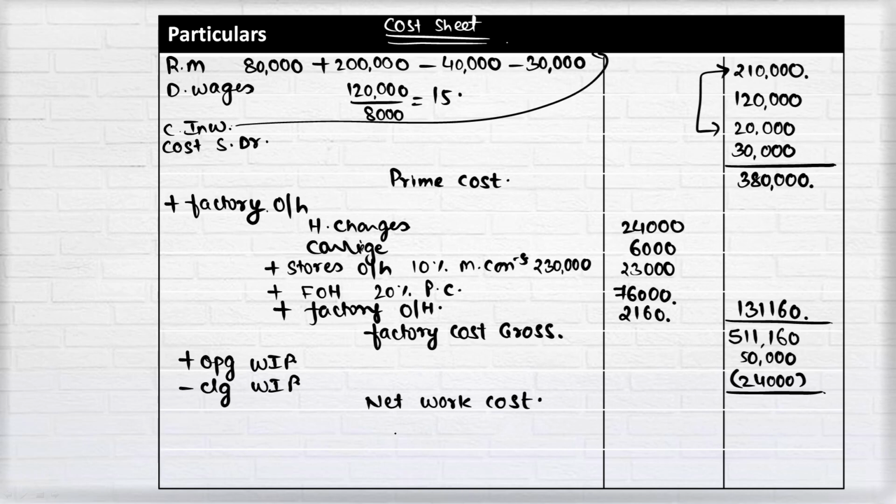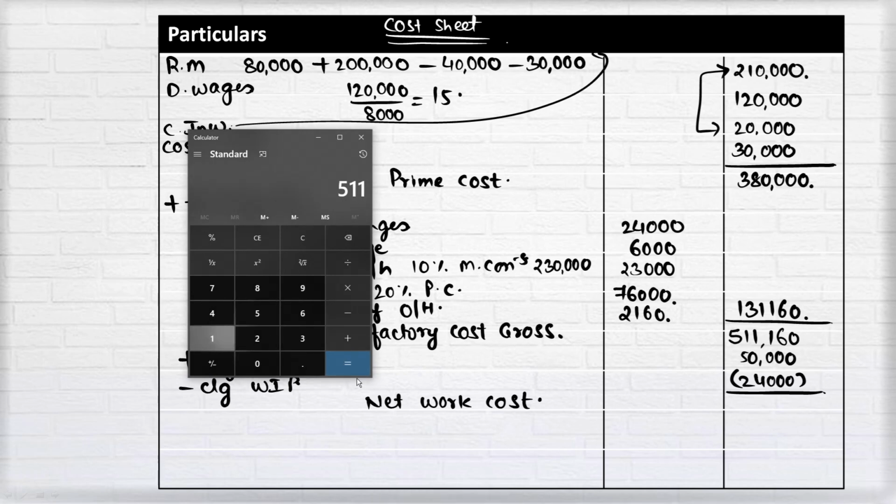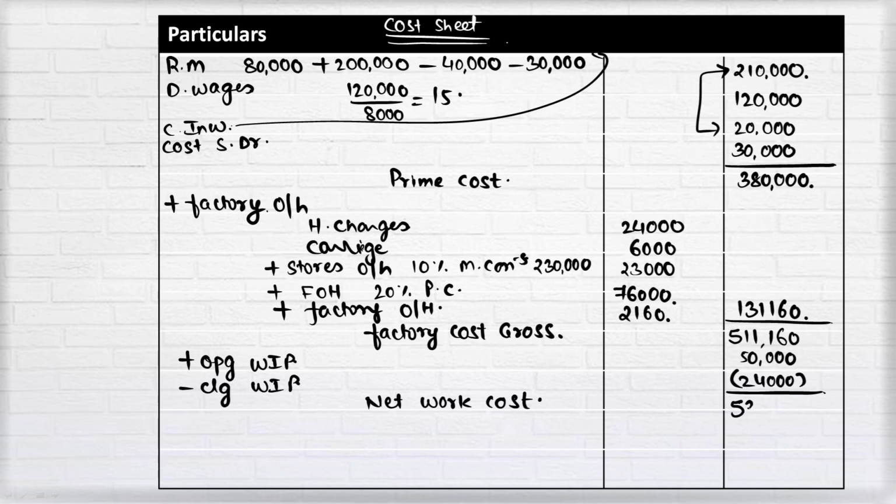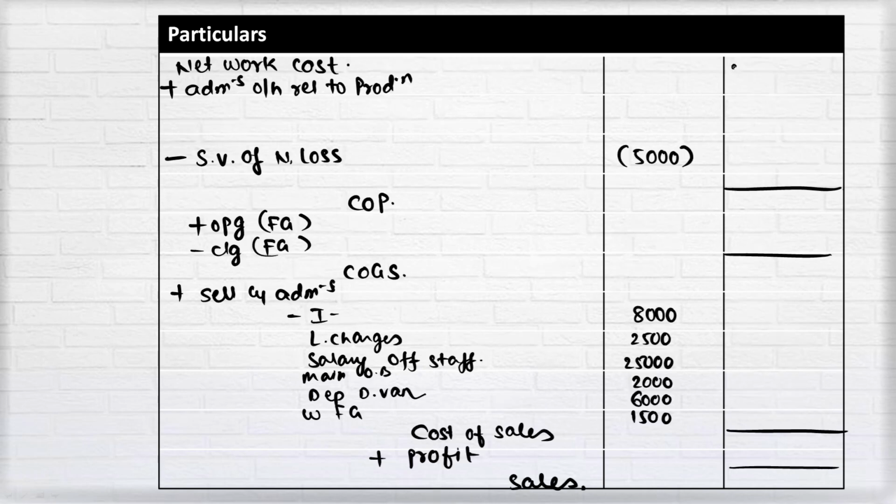Plus 50 minus 24, it is 537,160. 537,160 minus 5,000.